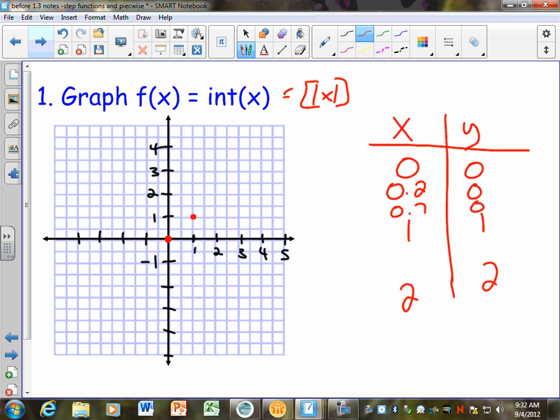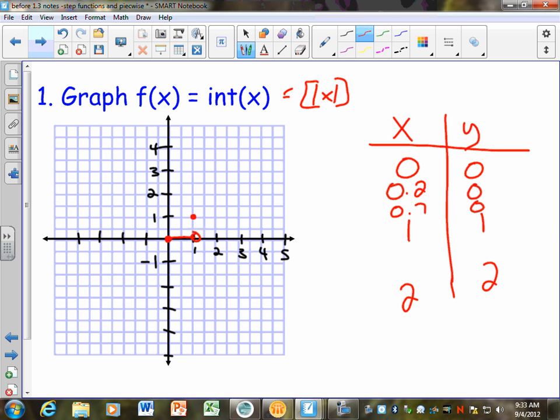I got to show that step. How long is the step? Well, everything from 0 all the way to 1, but not including 1, so how do I show that? I make an open circle, and then once I get to 1, I'm going to jump up here.